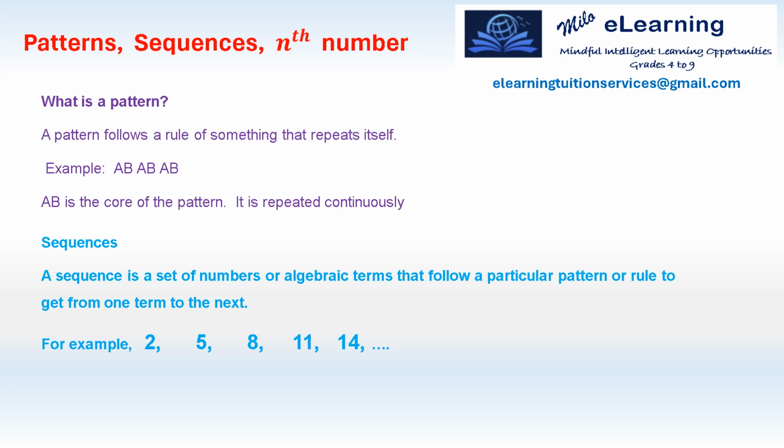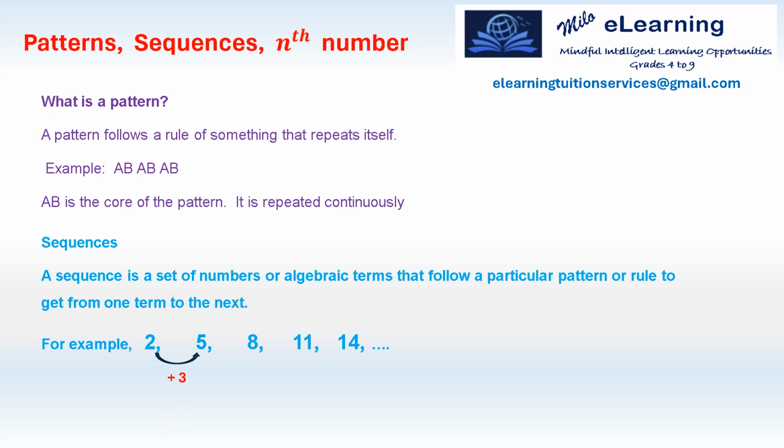Now, let's look at the difference between 2 and 5. What am I going to do to the 2 to make it 5? We can use the inverse operation. We could say 5 subtract 2 is 3. So I'm actually adding 3 to the 2 to make it 5.